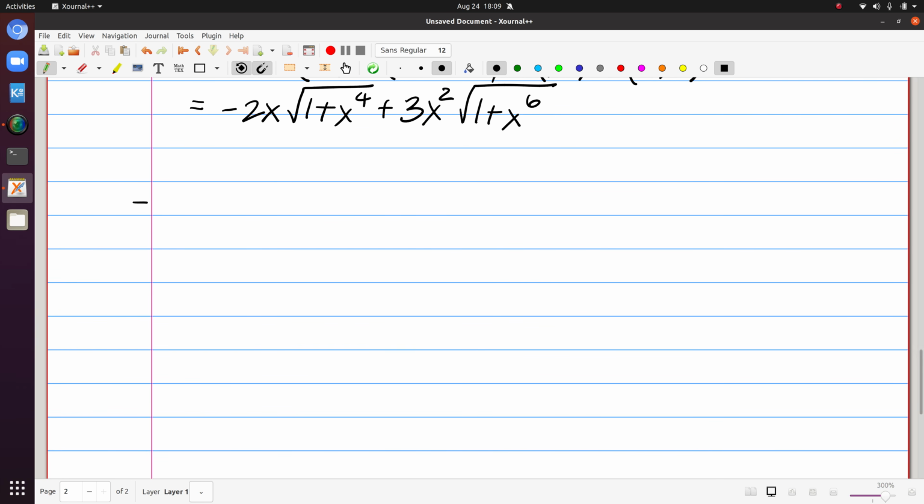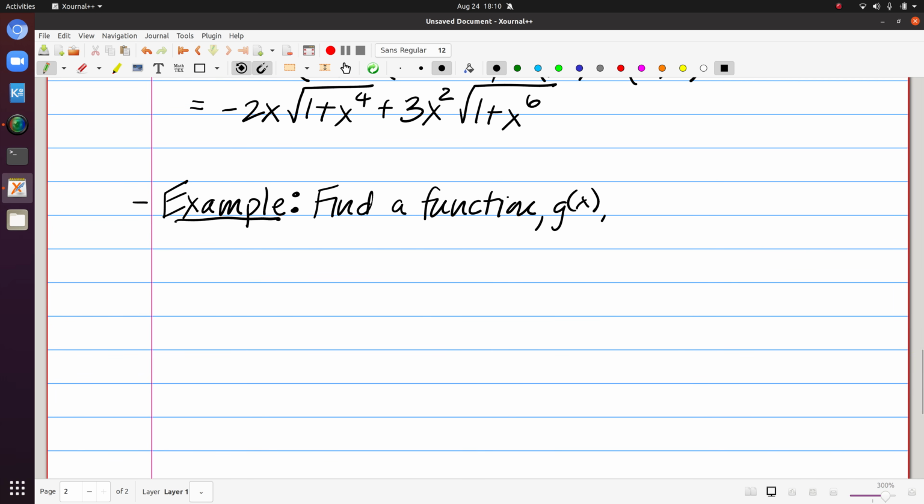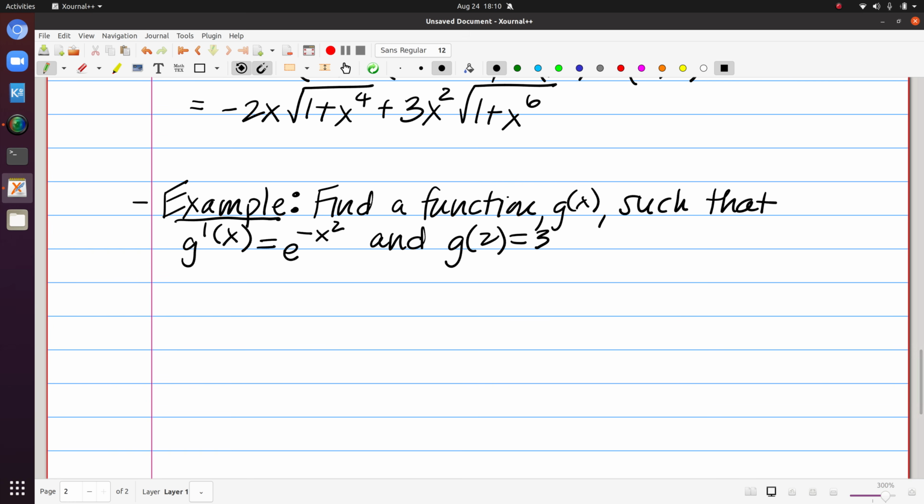And for one last example, I'm going to come back to the notion of what an antiderivative is. So for this, suppose we're asked to find a function g of x such that g prime of x is equal to e to the minus x squared, and also that g of 2 is equal to 3.